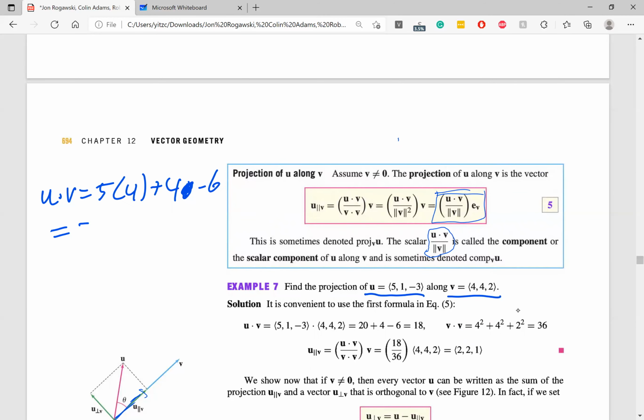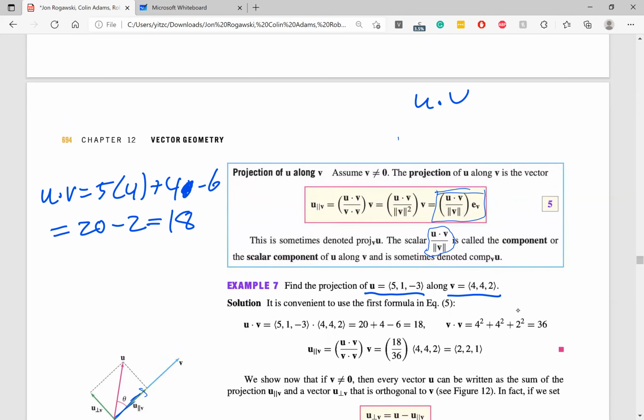And this is going to be 20 minus 2, which is 18. So that's U dotted with V, 18. And so we have one part of what we need. We need U dotted with V. We need that. We need the magnitude of V. And actually, that's it. We don't need any other piece of information. Then we can put all these pieces of information and get our projection.